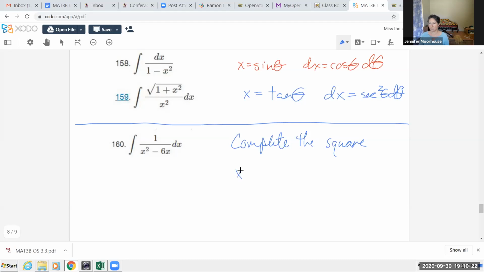So you write that x squared minus 6x so that it's a perfect square. What do you need to add to that to complete the square? And then whatever you add, you have to take it away. So what would make x squared minus 6x be a perfect square?